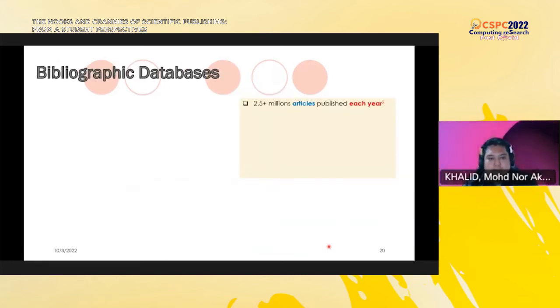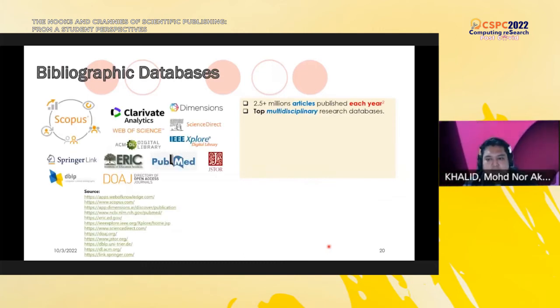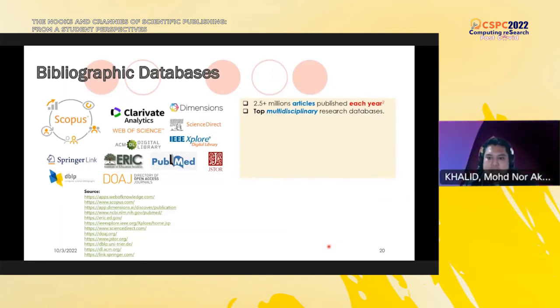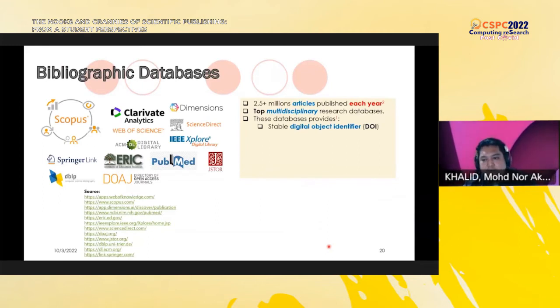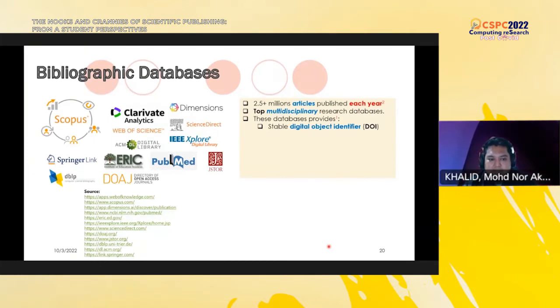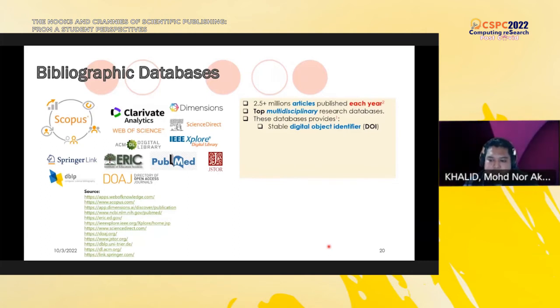And then think as a scientific researcher, you need to know what bibliographic databases are available for research. There are 2.5 million articles published every year. These are some of the top multidisciplinary research databases. These databases provide a digital object identifier, DOI. Whenever you publish in either of these databases, it will be there forever, and there is no duplication and so on. Whenever it's indexed, it cannot be removed.